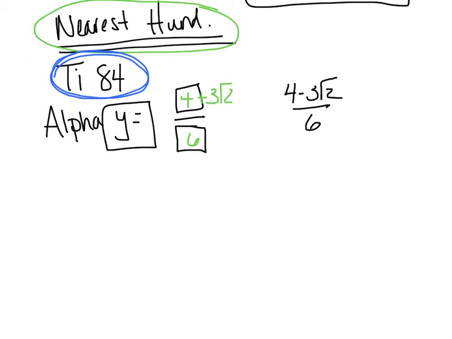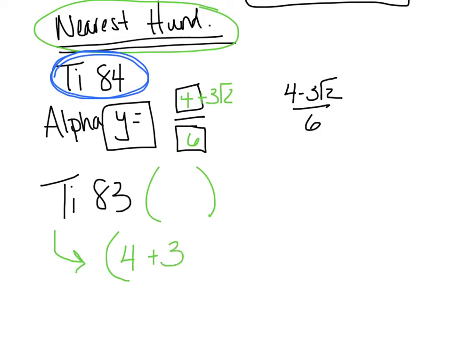Now, those of you with the TI-83, all right, you just have to be extremely careful about parentheses. Here's how you're typing it in. You're opening a parenthesis. You are typing in the top 4 plus 3 radical 2, closing it, then divided by, put the bottom in parentheses and close that one. Okay, we'll get the same answer.